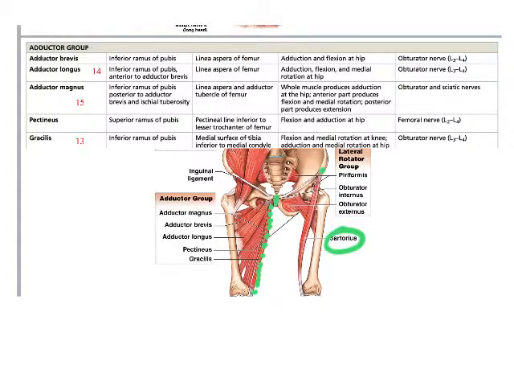So that's one way you can keep them separate, is just looking at where they begin. One begins medial and one begins lateral up on the pelvis. But they're both long and skinny, so they should be easy to identify. Once you've identified gracilis, then you really only have a group of adductor muscles and another muscle called pectineus.